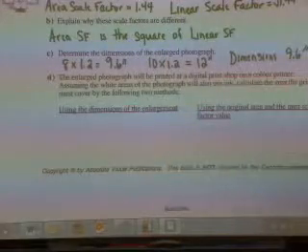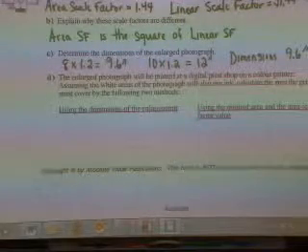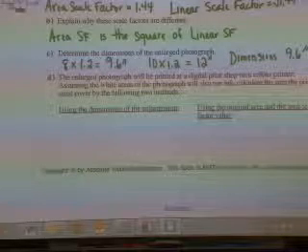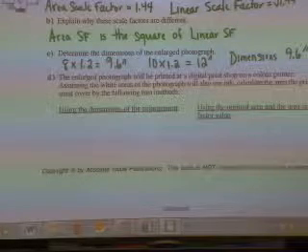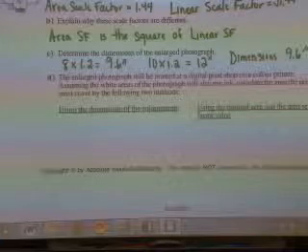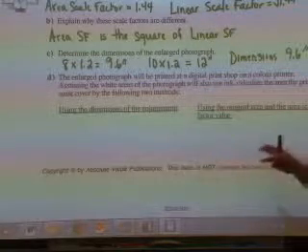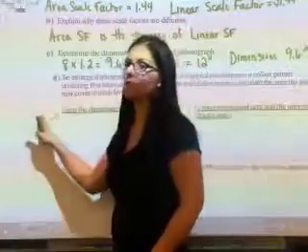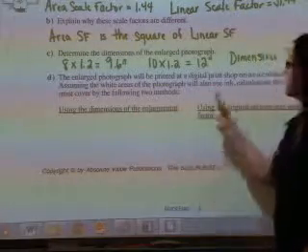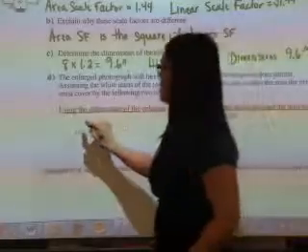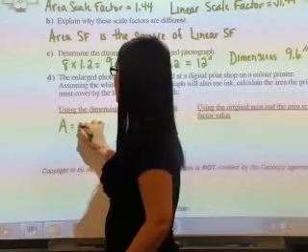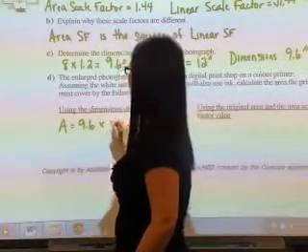The enlarged photograph will be printed at a digital print shop on a color printer. Assuming that the whole photograph gets colorized, calculate the area that the printer would cover using 2 methods. The first method is let's use the dimensions from the enlargement. The dimensions from the enlargement were 9.6 by 12.